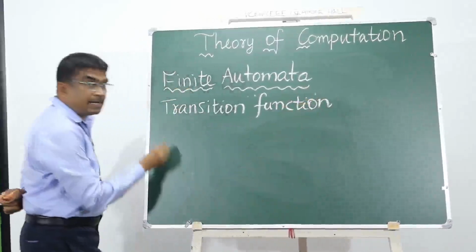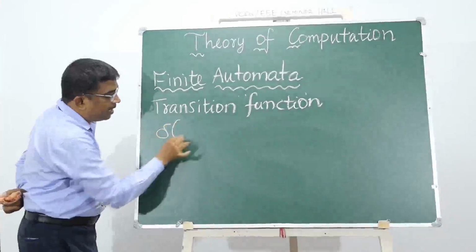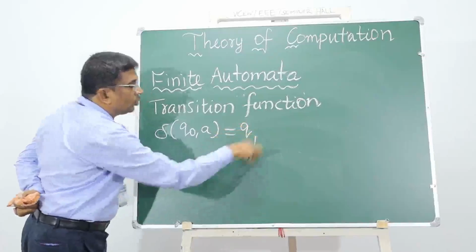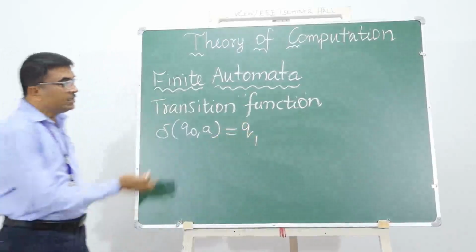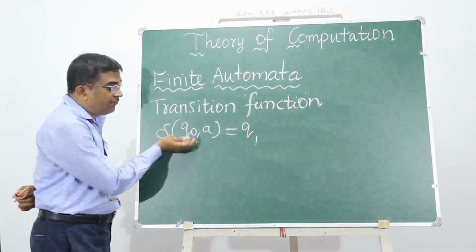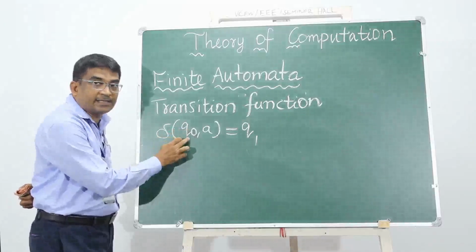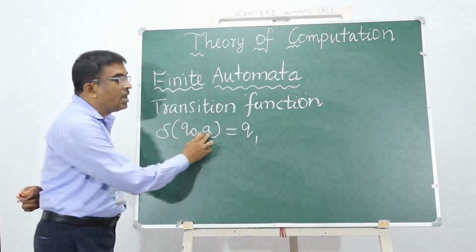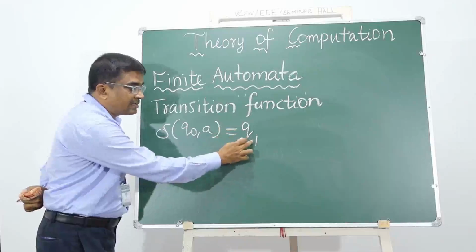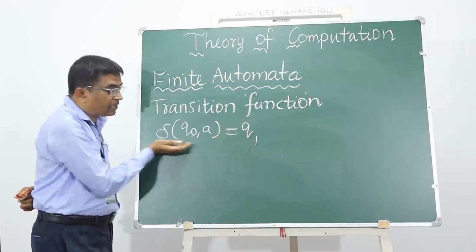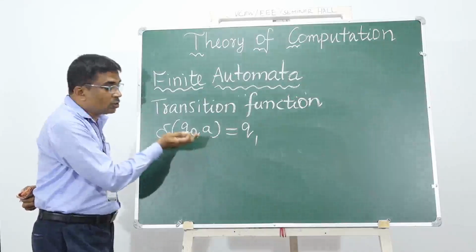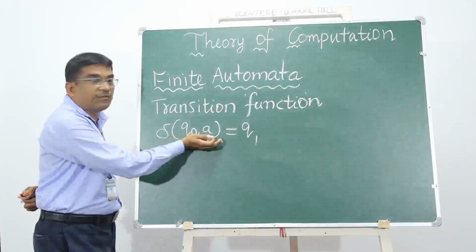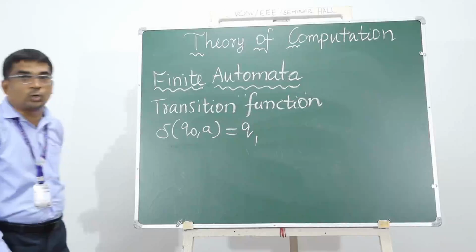I will give one example: delta of q0 comma a equal to q1, where q0 is called the initial state, a is the input symbol, and q1 is the output state of this transition function. This is the common format of how a transition function is defined in finite automata.